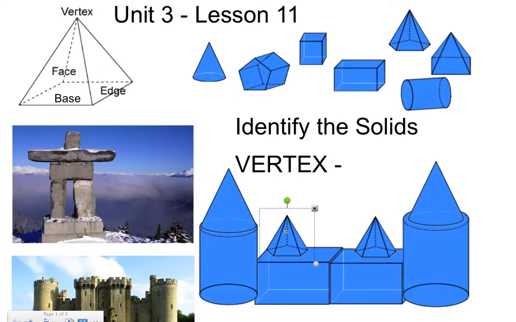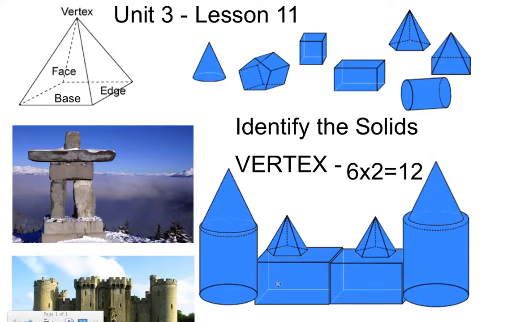Okay, so for example, I know that I have 2 pentagonal pyramids. If I figure out the vertices for just one, I have 1, 2, 3, 4, 5, 6. Well, I have 6 vertices for this here. Well, we want you to think of multiplying. If I know I have 2, I want to multiply 6 vertices times 2, which equals 12 for the pentagonal pyramids. Okay, so we want to see you start thinking like this, as opposed to just counting them up, going 1, 2, 3, 4, 5, 6, 7, 8, 9, 10, 11, 12.